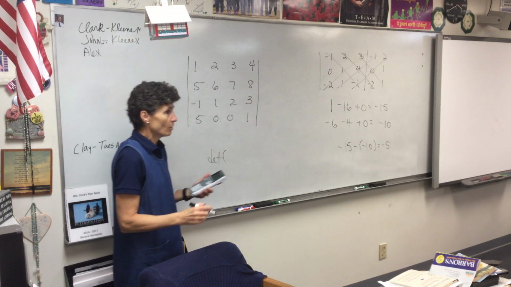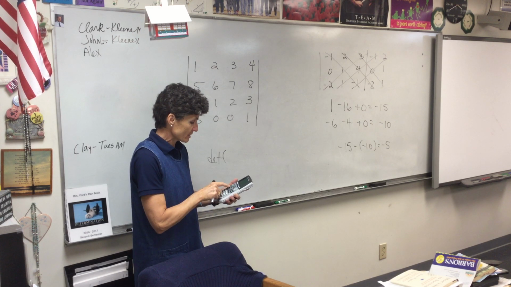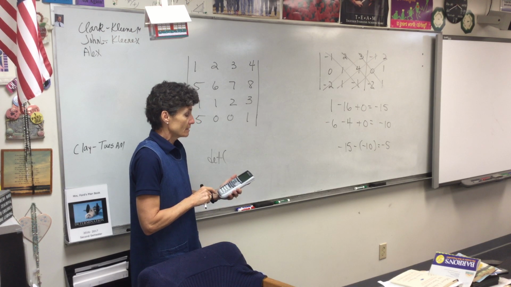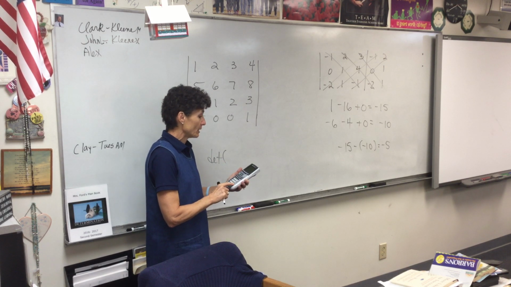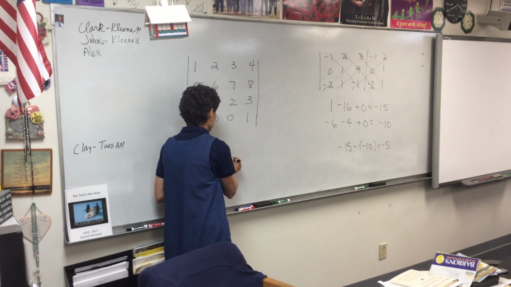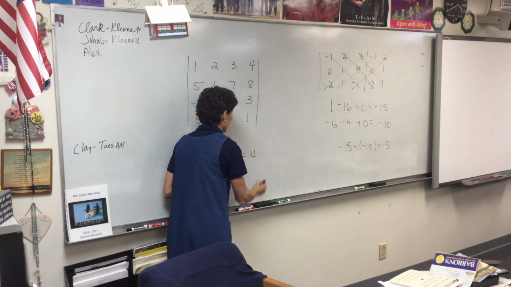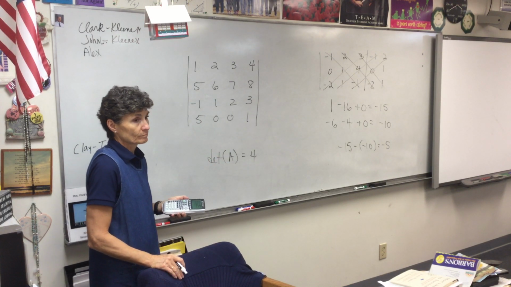So it's asking you, okay, I'm ready. What do you want me to find the determinant of? So go back into matrix and press A. Should be highlighted. That's where you just put your data. Put A, press enter, and the value of that determinant is 4. That determinant right there has a value of 4.